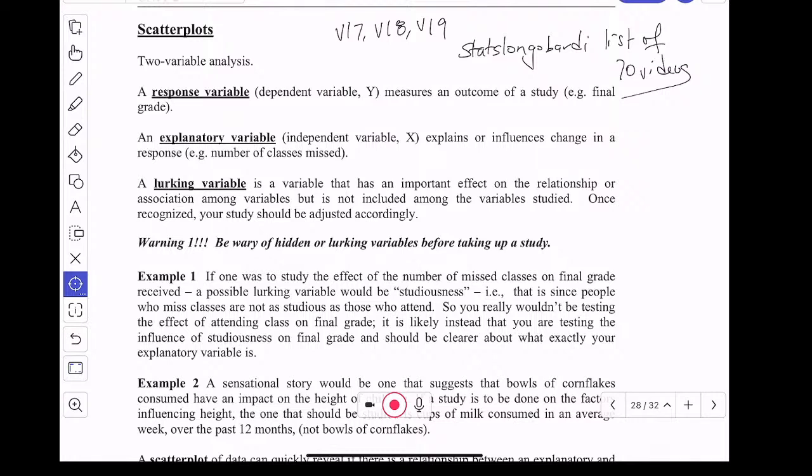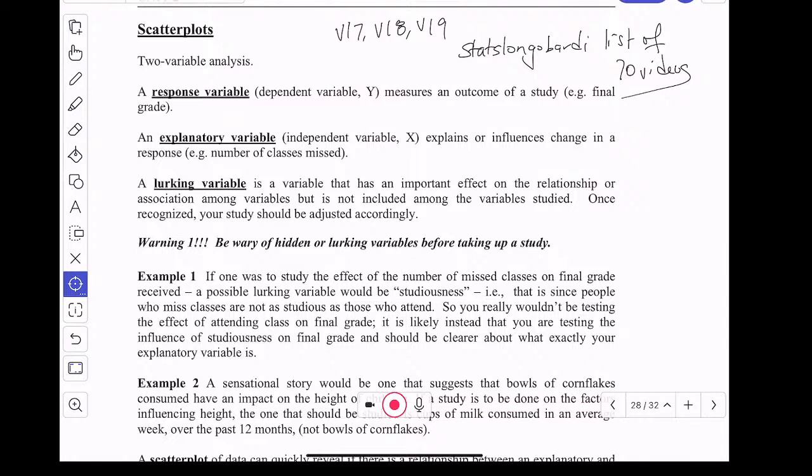If we are trying to attribute a relationship, we're going to differentiate between the response variable and the explanatory variable.